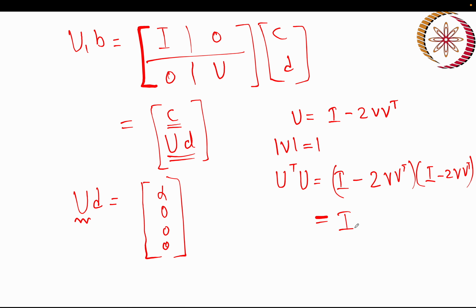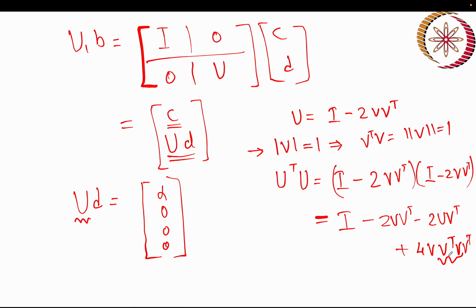If you do this multiplication, it will be minus 2v transpose minus 2v transpose plus 4 v transpose v transpose, and v transpose v, we have already said that v is unit, the length of v is unity. So v transpose v is nothing but magnitude of v, which is 1. So this term will be 1.